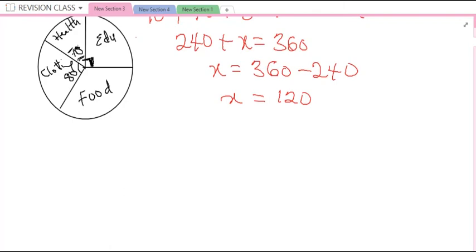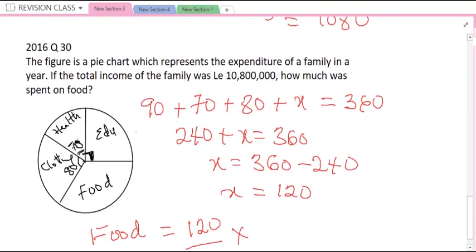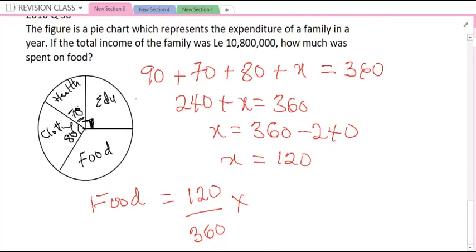So we can now say the amount of money the family spent on food will be 120 divided by 360 degrees times the total income of the family. The total income of the family is 10,800,000.